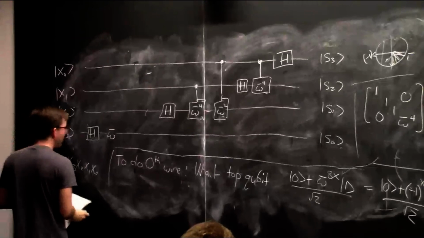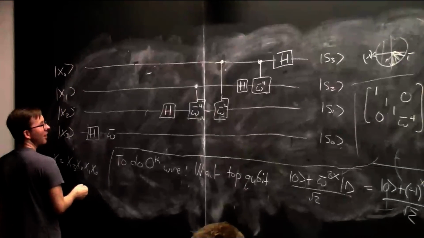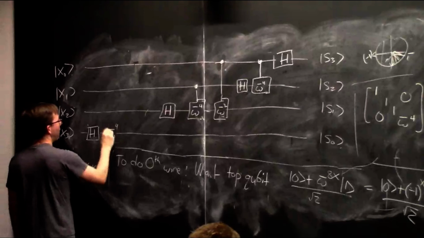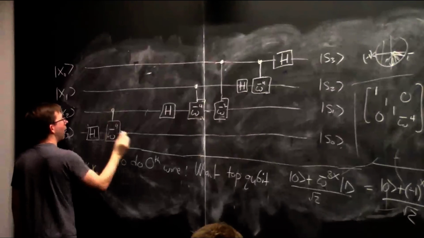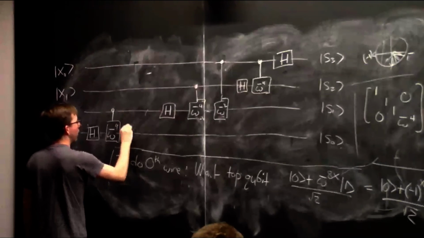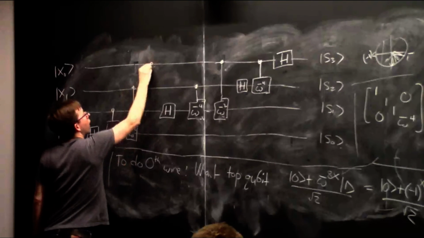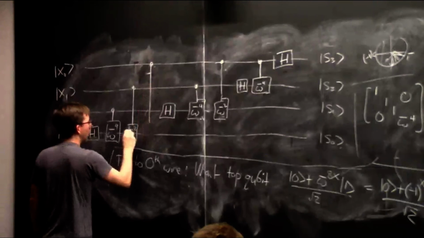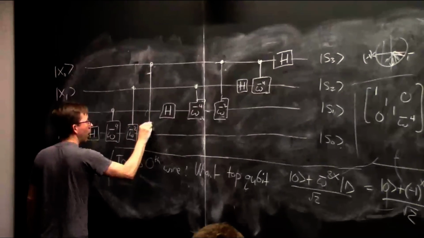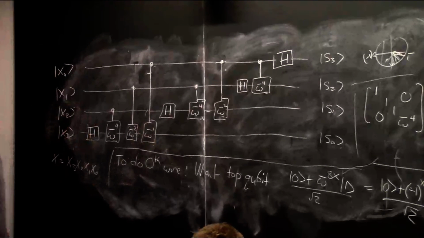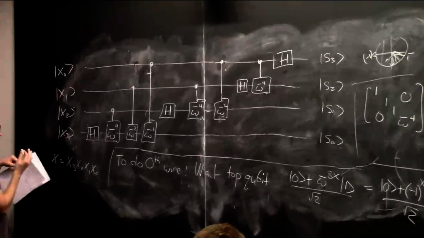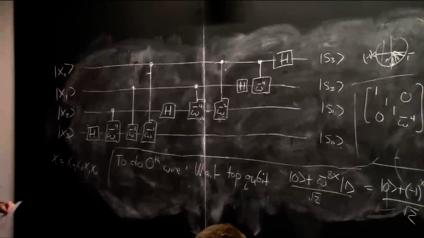Well, I'll check my notes. Actually, I didn't even have the notes, so I better do it myself. All right, ta-da. And that is the quantum circuit that effects the 4x4 discrete Fourier transform.